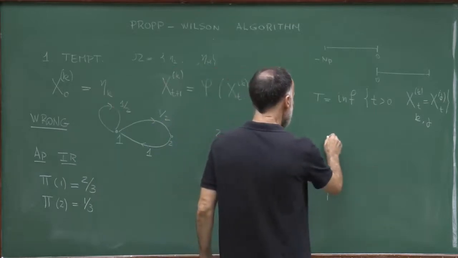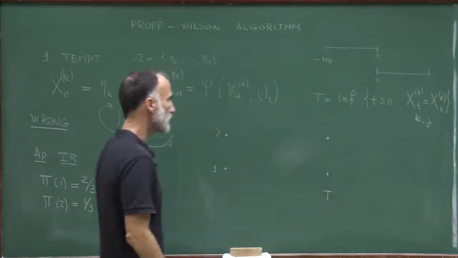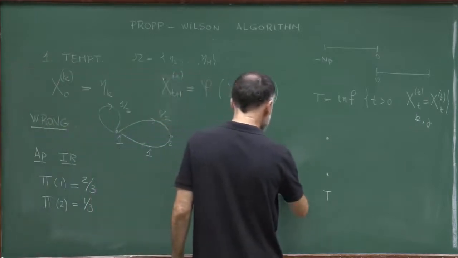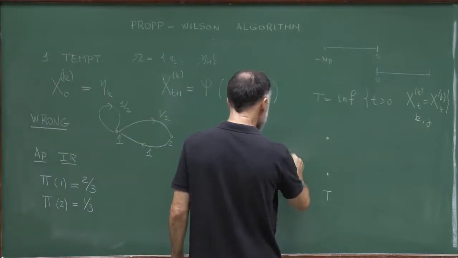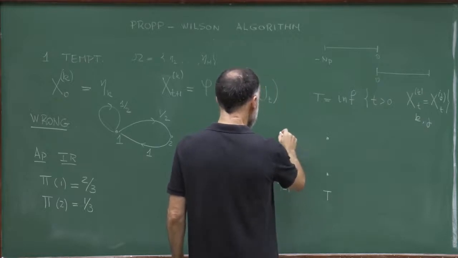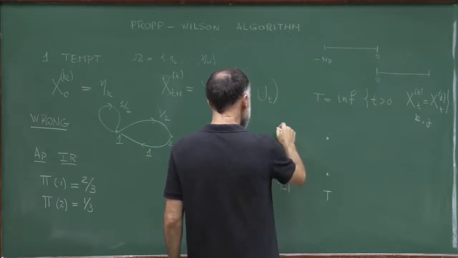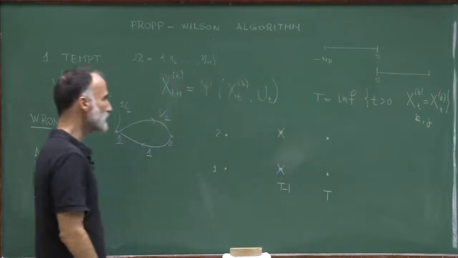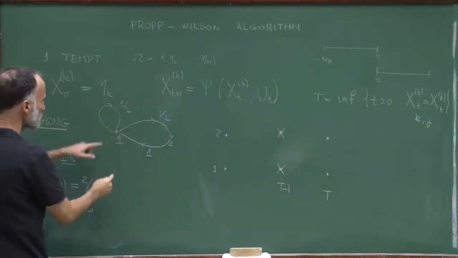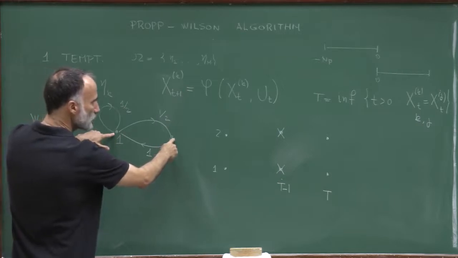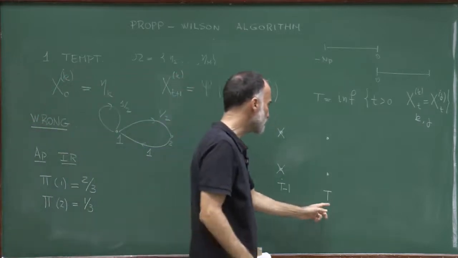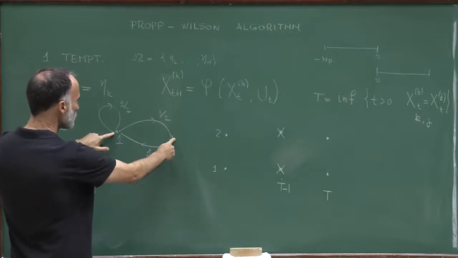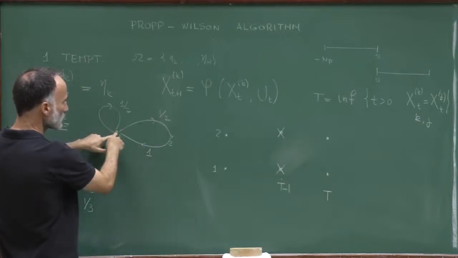This means that at time T minus 1, they didn't meet. So one of the processes is at 2, and the other process is at 1. And we know that at time T they meet. If at time T they meet, this means that, well, 2 jumped to 1 and 1 stayed at 1.